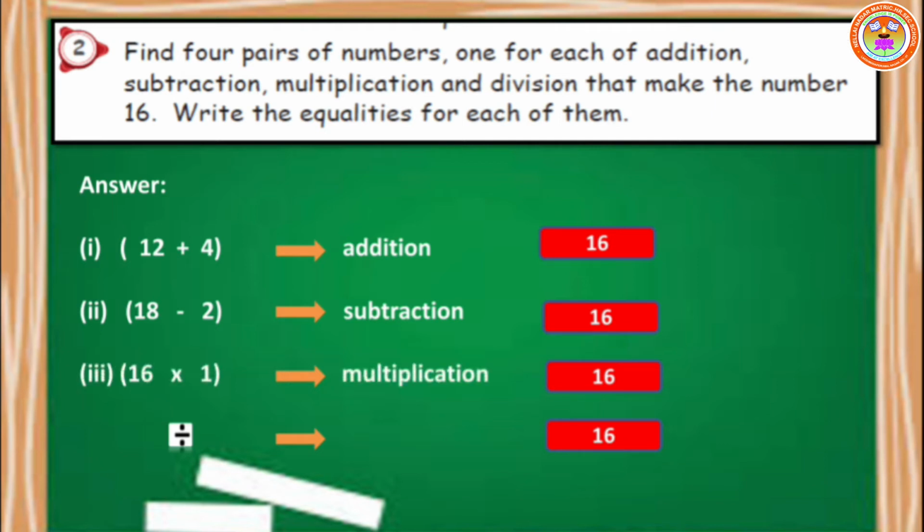Then multiplication, 16 into 1, or you can write 4 into 4 also, or 8 into 2 also. But you will get the result of 16 only with the multiplication operation. Last one is division. So 32 divided by 2, we will get 16. Is it clear, students?